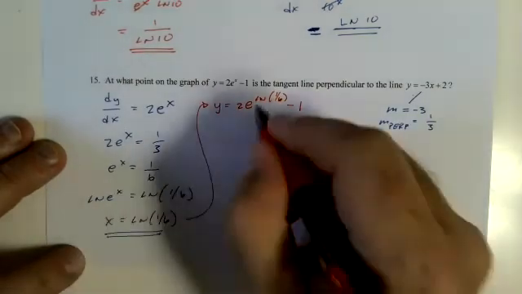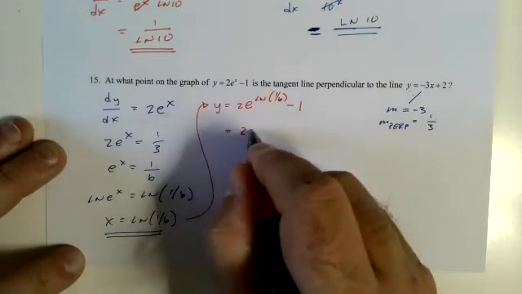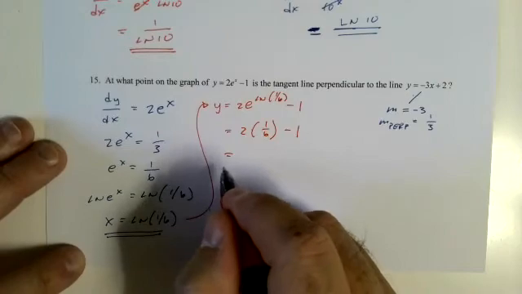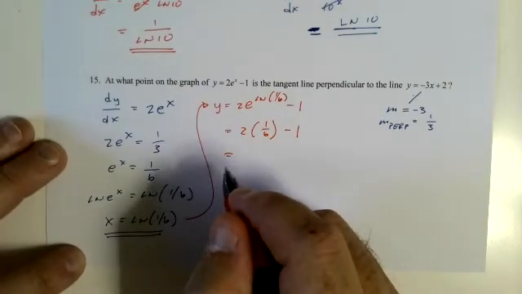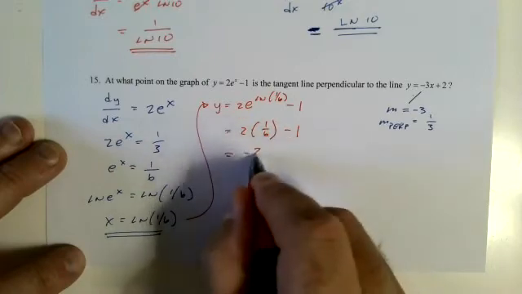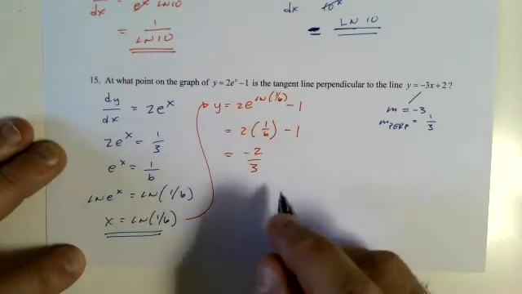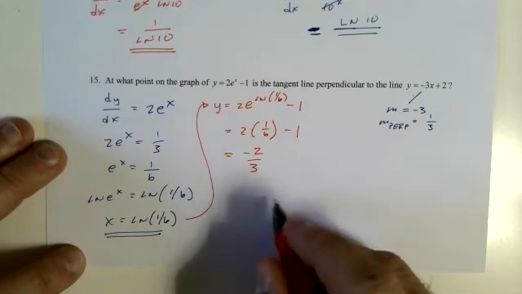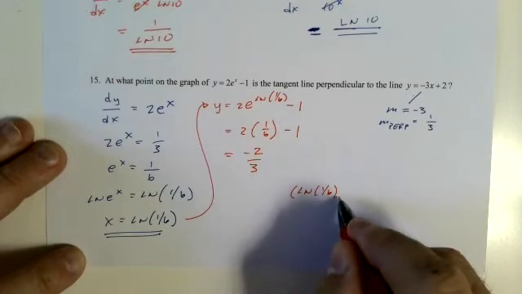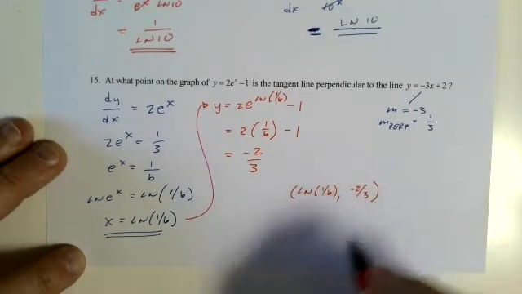Yeah, they cancel. Equals 2 times 1/6 minus 1 equals 1/3 minus 1, negative 2/3. So the point is ln of 1/6, comma, negative 2/3.